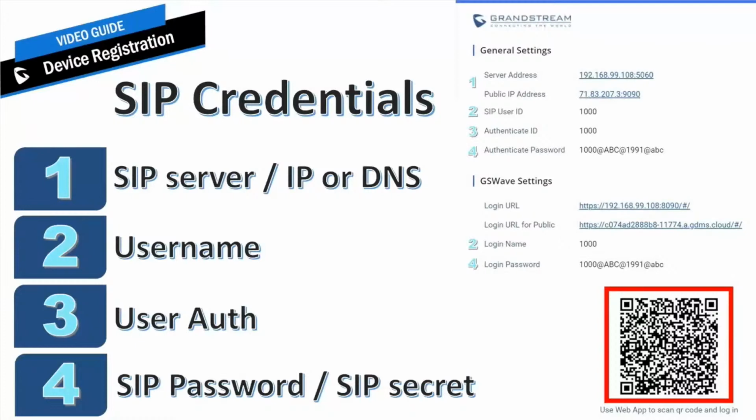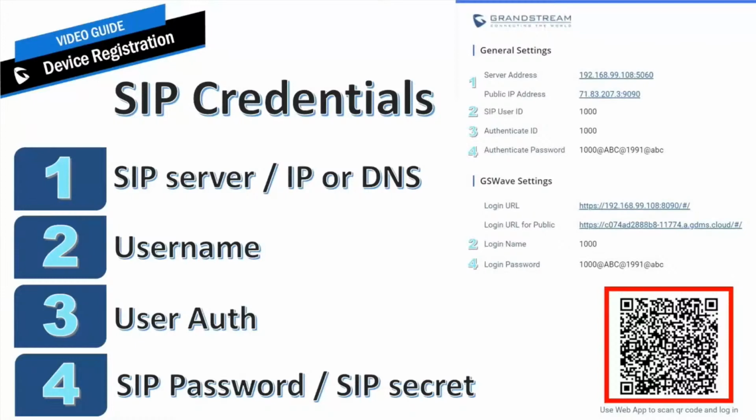Kung ano mang naisip nating password, like a randomly generated alphanumeric password. And as an example, you can see on the right side, this is an email attachment generated by our UCM, sa ating PBX.